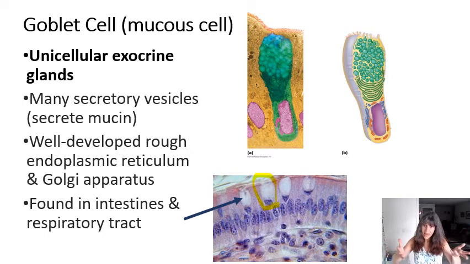The idea is that when pathogens are inhaled, when they get trapped in the mucus, if it goes to your throat and you swallow it, your stomach acid will basically kill the pathogen. Pretty cool system.